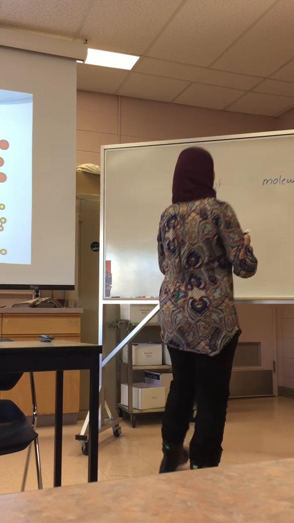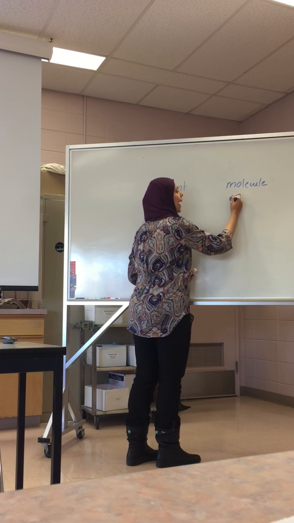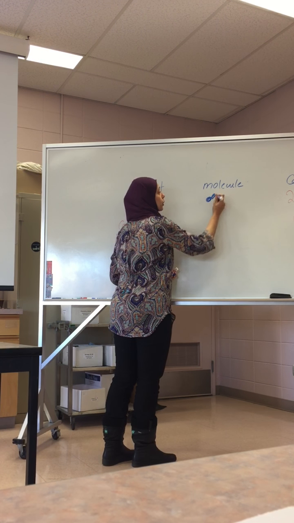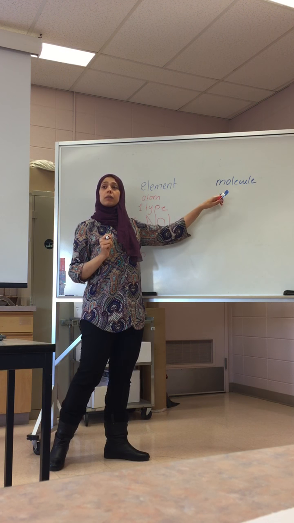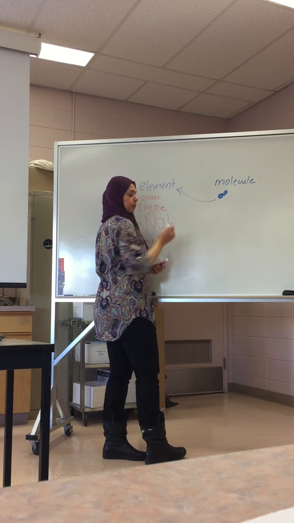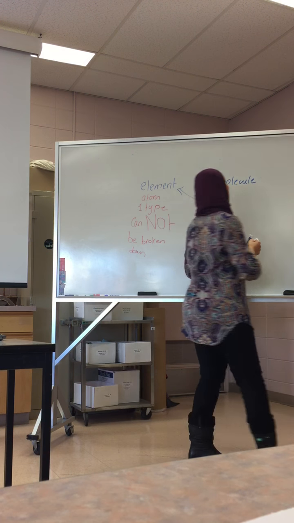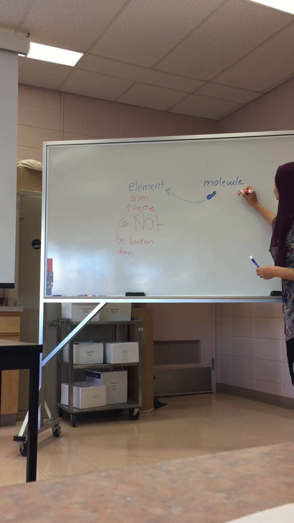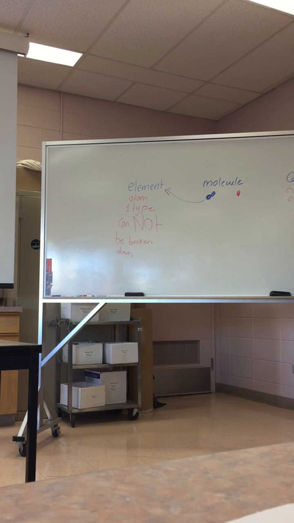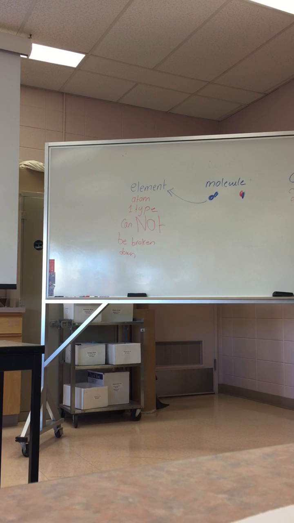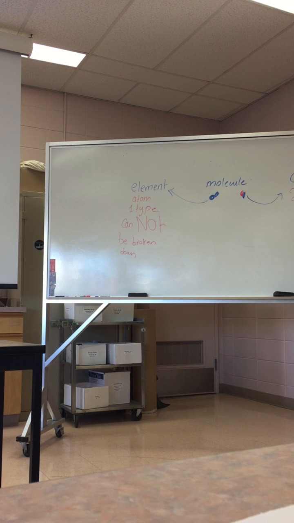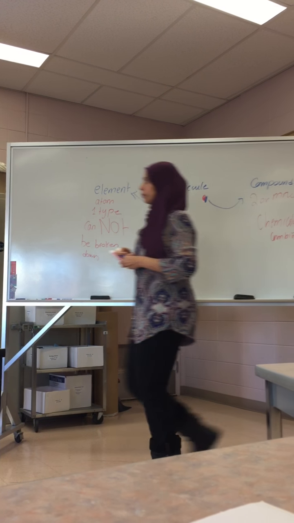So when you have 2 atoms of the same type joined together, they are a molecule of an element. When you have 2 different atoms joined together, they will represent a molecule of a compound. Make sense? Any questions? Okay.